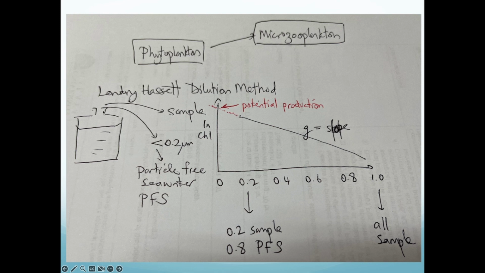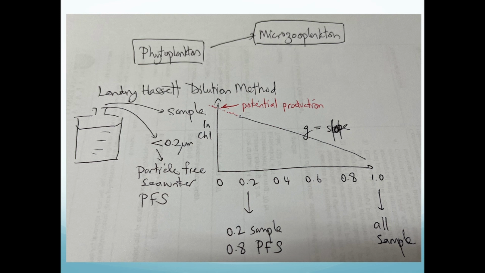Here the sample is filtered by a 0.2 micron filter to obtain particle-free seawater. The acronym is PFS. And a series of bottle incubation microcosms is set up with 0.2, 0.4, 0.6, 0.8 to 1.0 dilution fractions.